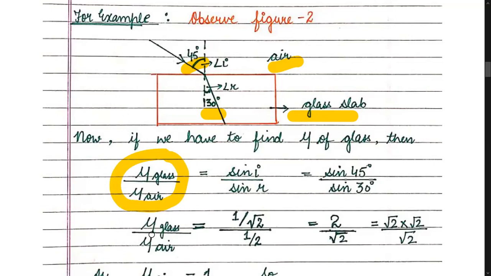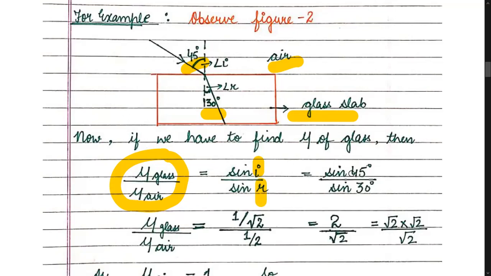So compare refractive index of glass with refractive index of air, that is mu of glass divided by mu of air, which will be equal to sine of angle of incidence divided by sine of angle of refraction.